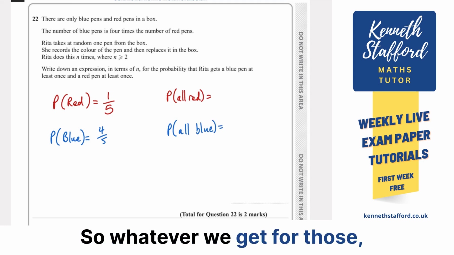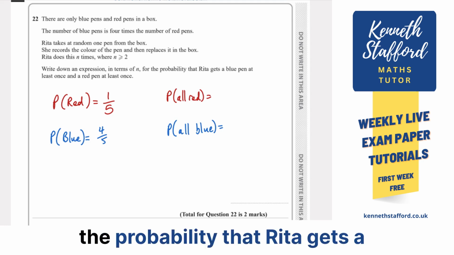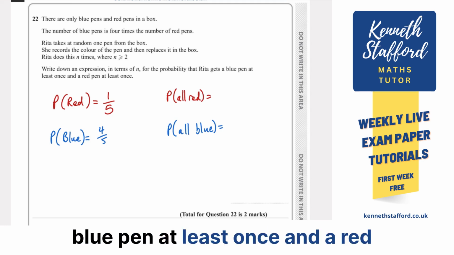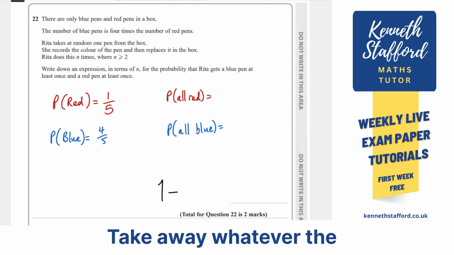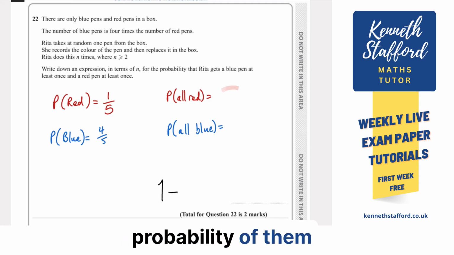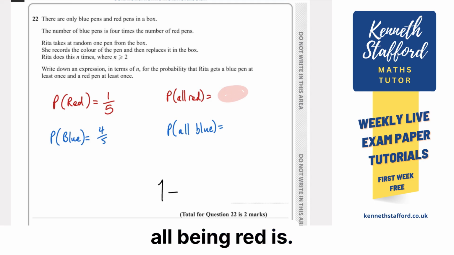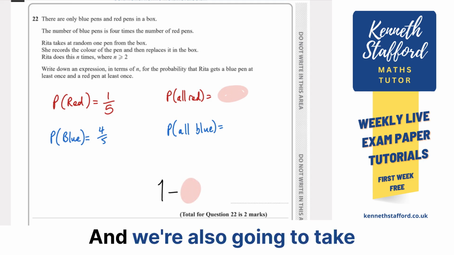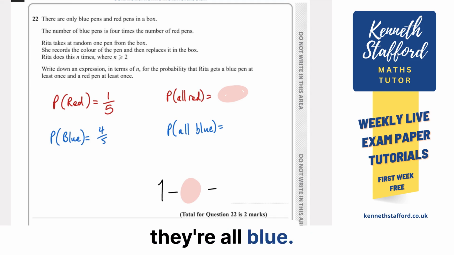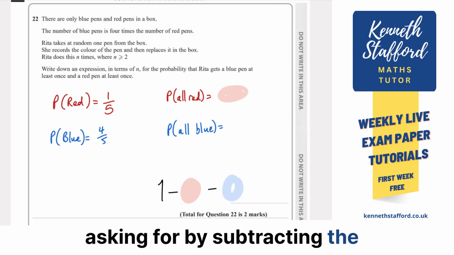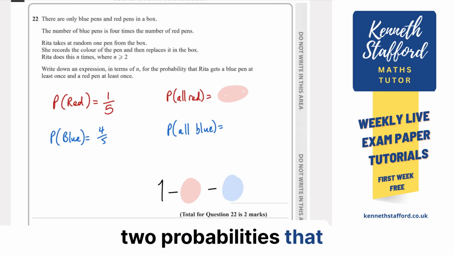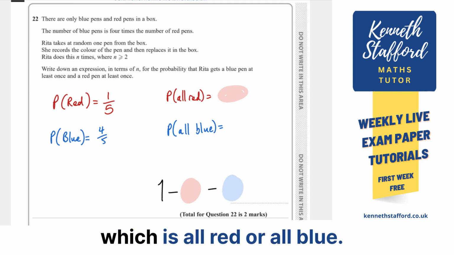So whatever we get for those, what it's asking us, the probability that Rita gets a blue pen at least once and a red pen at least once, will be 1 take away whatever the probability of them all being red is. And we're also going to take away the probability that they're all blue. So we will find what they're asking for by subtracting the two probabilities that don't fulfill it, which is all red or all blue.